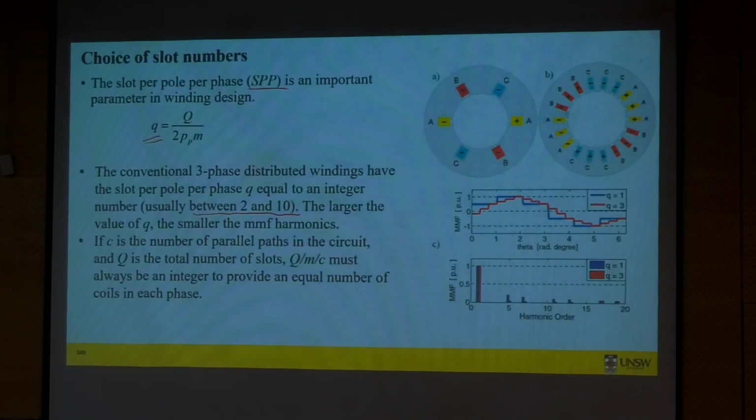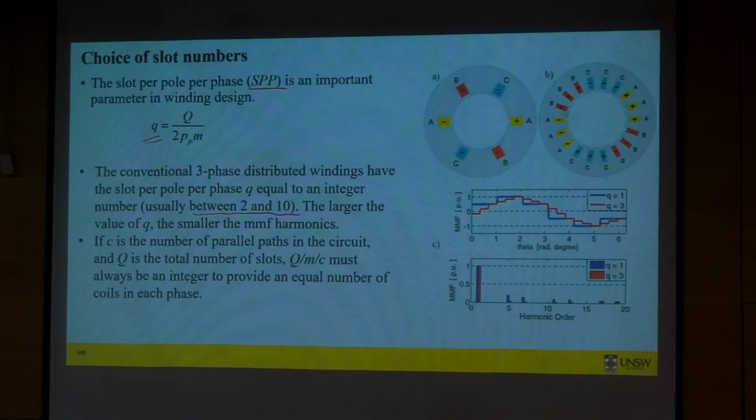The interaction of those two gives you the torque ripple. So a more sinusoidal MMF should have better torque ripple. That means the larger this factor Q for integer slot machines, the better its torque ripple performance.